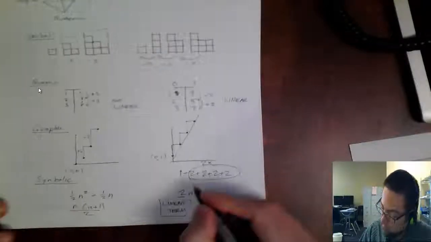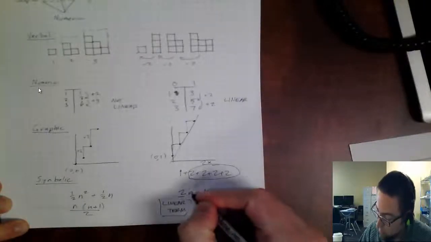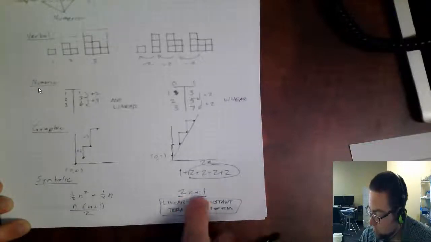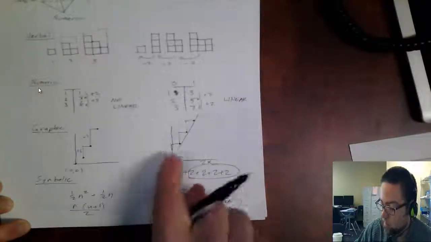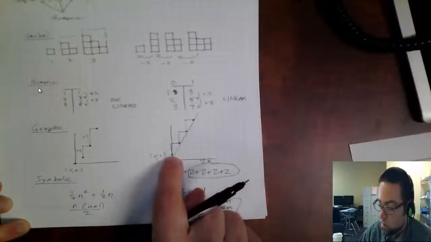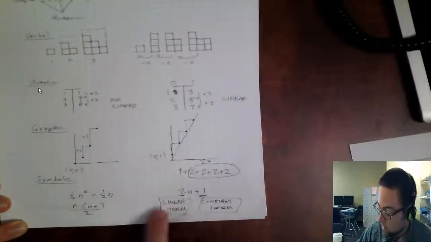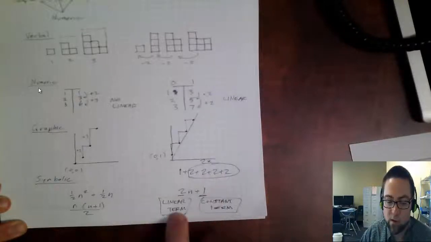So they have n to the first power, and it's times the slope, plus just the constant term, and that's your y-intercept. So we're going to talk about this a little bit further in the next module, but I just wanted to give a little bit of background of where this comes from before we get on to that.